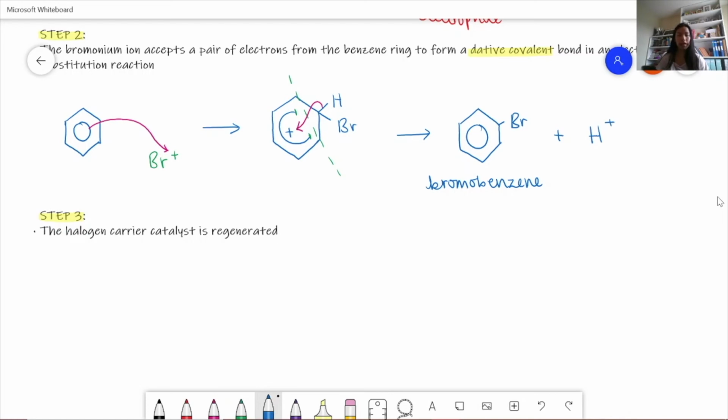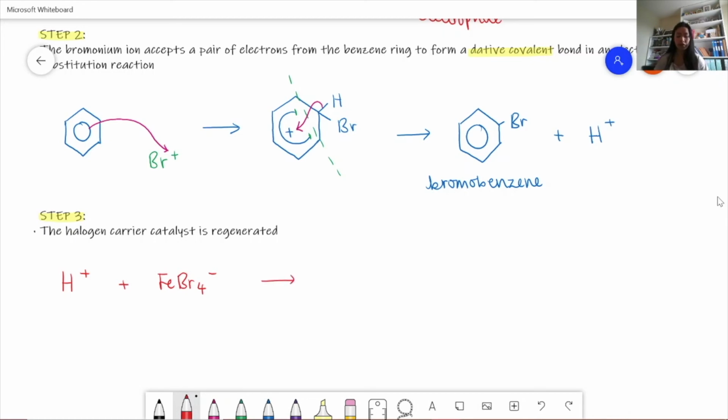So how we do that is we take the H+ that we formed from the substitution reaction in step 2. So we have H+, and you're going to react that with the FeBr4- that you formed in step 1 when we generated the electrophile.